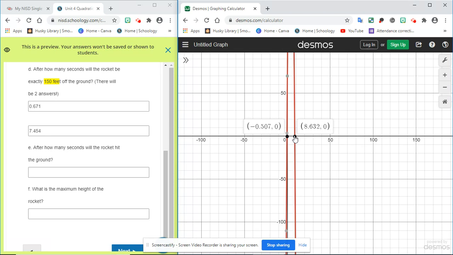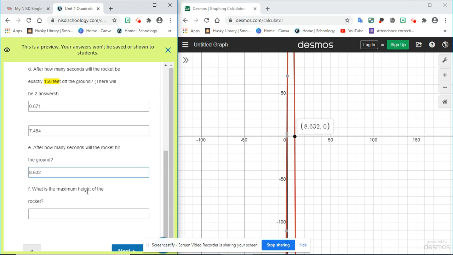Now, does it make sense for the rocket to hit the ground at negative seconds or at positive seconds? Positive. This is where it starts and this is where it finishes. So after how many seconds will that rocket hit the ground? After 8.632. This point over here is irrelevant. This is our solution. So after 8.632 seconds, the rocket will eventually hit the ground.